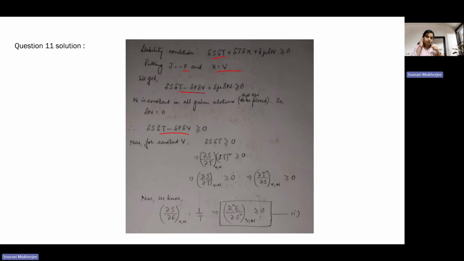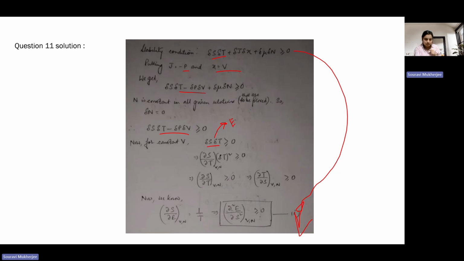Now suppose you want to get from here to an expression which involves the internal energy. That means you need a relation that relates S and T with the internal energy. If that is the case, you can also relate it to Gibbs free energy or Helmholtz free energy, that we'll get to. But for now, suppose you want to describe the stability condition in terms of the internal energy.